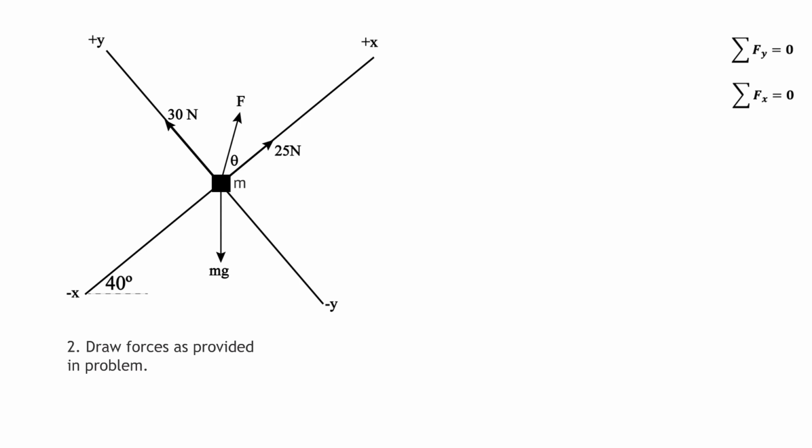Next thing we must do is note that the forces that are not aligned to the coordinate system have to be resolved along the coordinate system. So the mg force is always acting vertically downwards, and is not aligned to the coordinate system, and the F force at an angle theta is also not aligned to our coordinate system. So they have to be resolved.